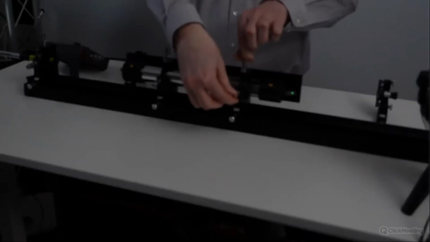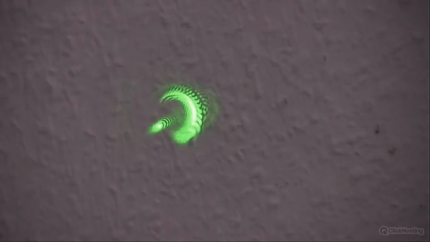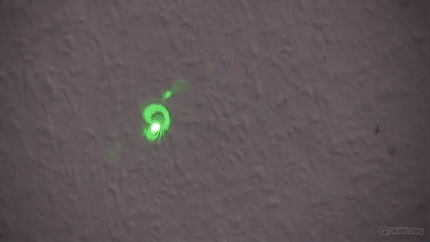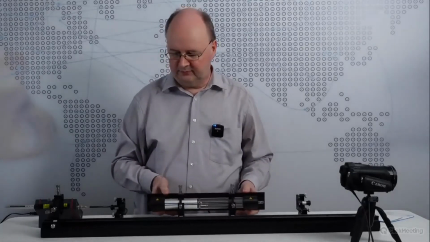I'm just working on these two screws and going back to the detailed view. I can align my tube back to be aligned with my laser beam. So now I have a tube that can be used in this setup. I can remove that tube.